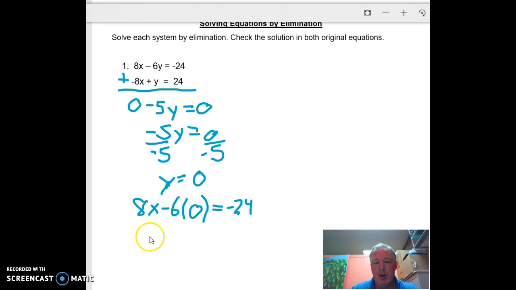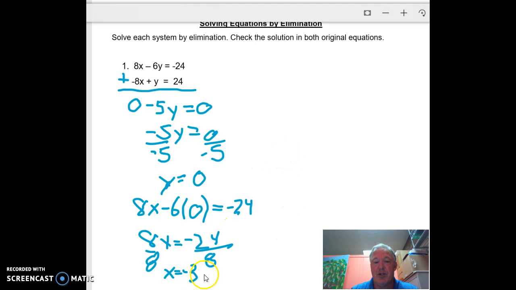So that is eliminated, and we just end up with 8x equaling negative 24. In order to solve for x, we divide both sides by 8. How many times will 8 go into negative 24? X will be equal to negative 3.